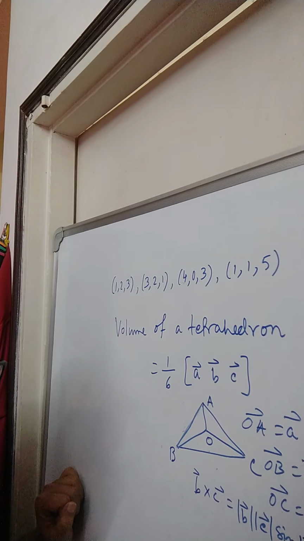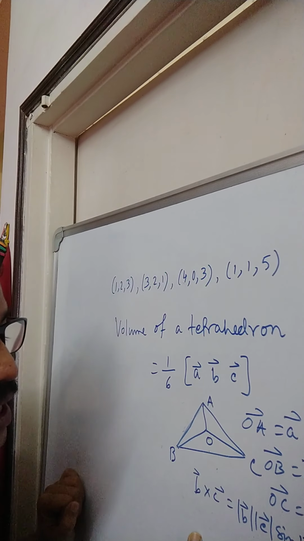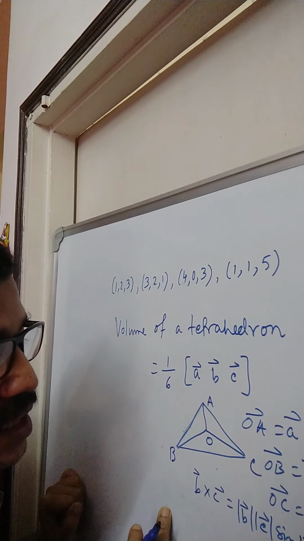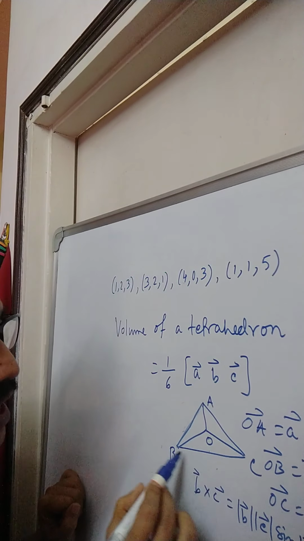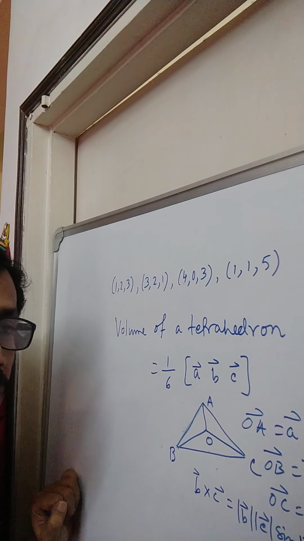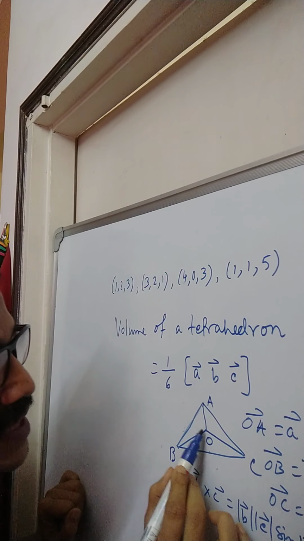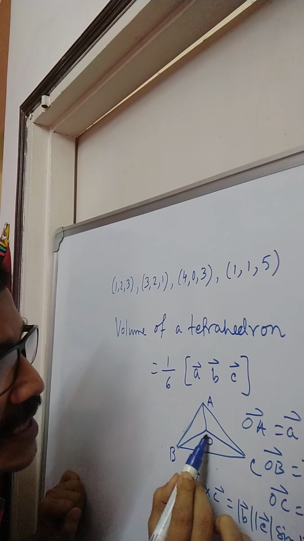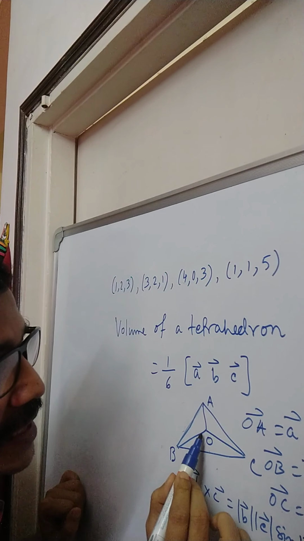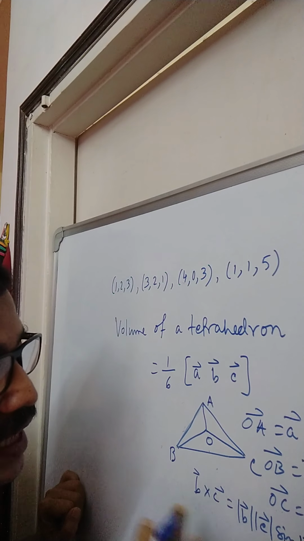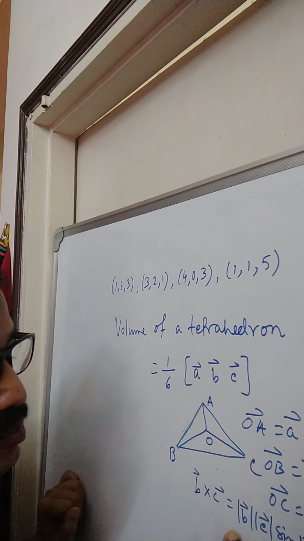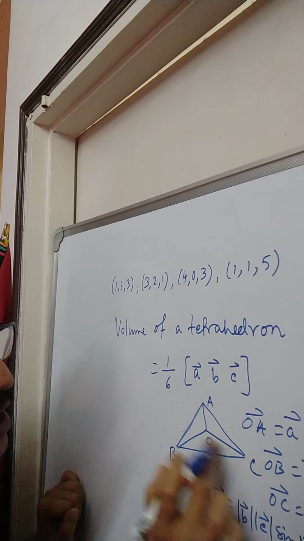Actually, the area of this triangle is half this, because if we take a minute look, then area of the triangle will be half base into height, and if this is C and this angle is theta, then the height will be C sin theta, and half B into C sin theta, half base into height will be the area of the triangle.